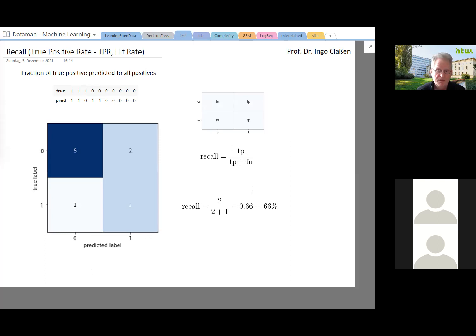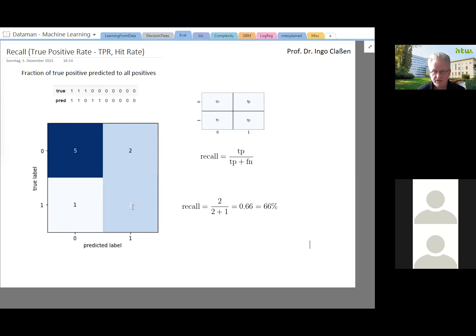So if we look here at the confusion matrix, all those that have a true label 1 are the positives, the actual positives here. The recall tells us how many of those have been truly predicted as positive.